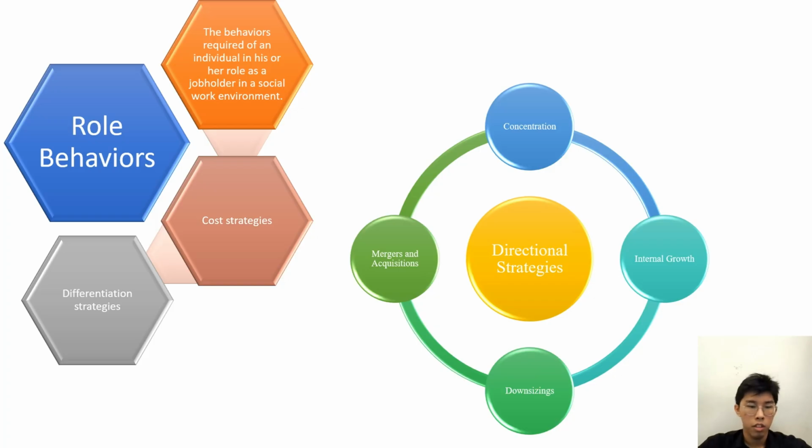What values is the values of an individual in his or her role as a job pattern in a social work environment. Core strategy is where the company defines the skills they recruit and members in training.